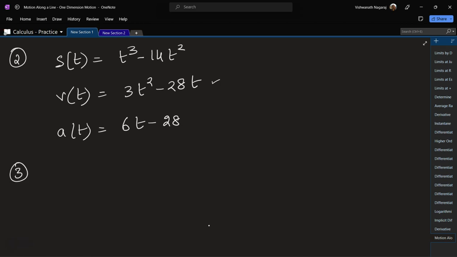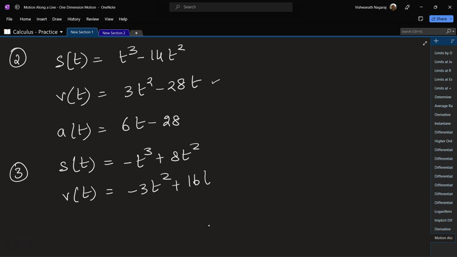Third one, s of t is given as minus t cube plus 8t square. So velocity would be minus 3t square plus 16t, and acceleration would be minus 6t plus 16.